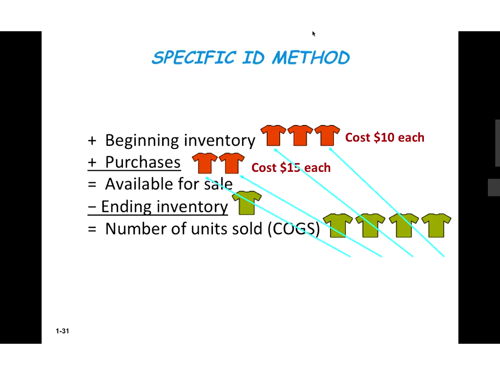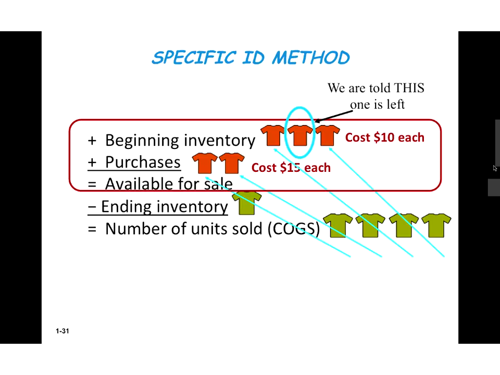So we're going to go through all the methods, all 4 methods today, and we're going to start with the first one. So we're going to continue with our t-shirt example, and we're going to go through the 4 methods. So the first method we're going to talk about is specific identification method or specific unit method. And what this method does is it says, we have serial numbers. We can track each individual piece of inventory so we know what that one cost.